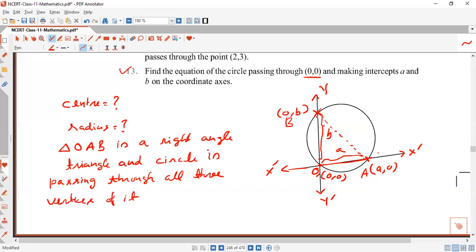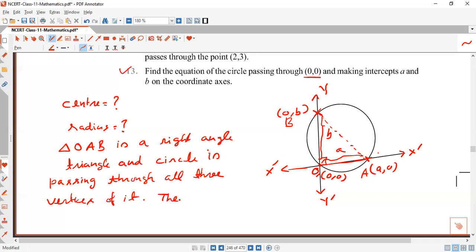So this circle is passing through all the three vertices O, A, B. Basically, you can say this is the center of the circle, because this is a right angle triangle with 90 degrees at O. So the center lies at the midpoint of AB.